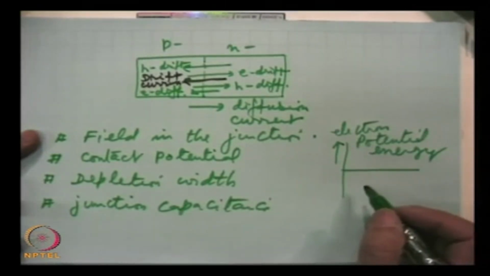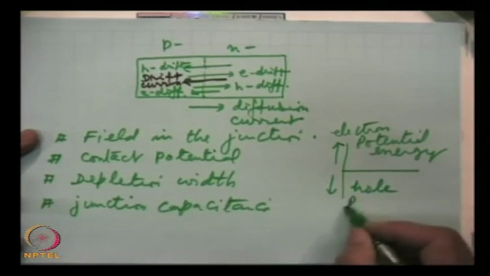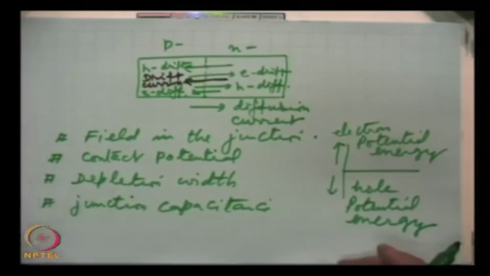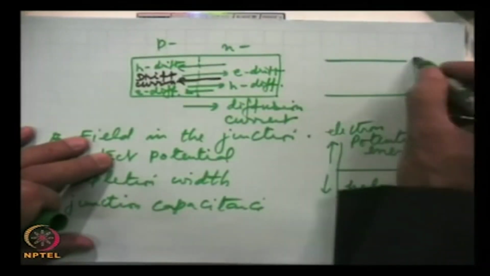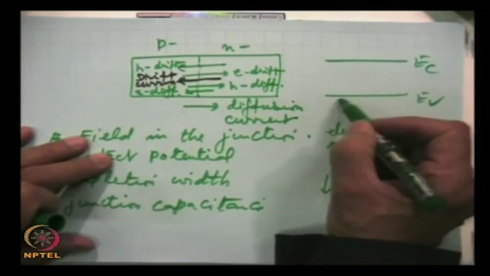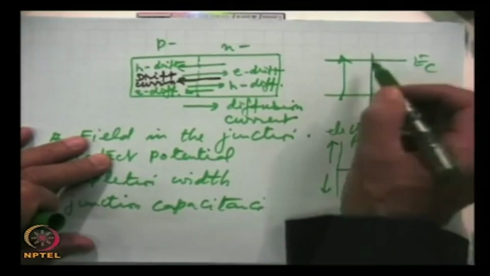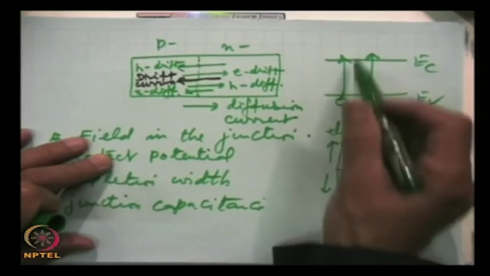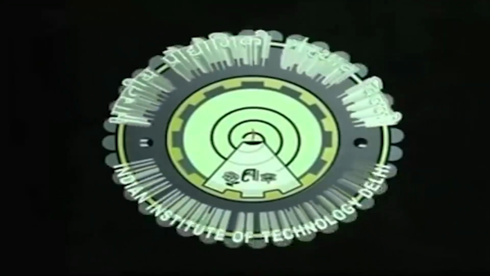But the hole potential energy goes in the opposite direction. Why? In a second I can demonstrate: if an electron goes from here to here, it creates a hole here. So, this is higher energy than this, meaning that hole energy goes in the opposite direction, and we will continue.